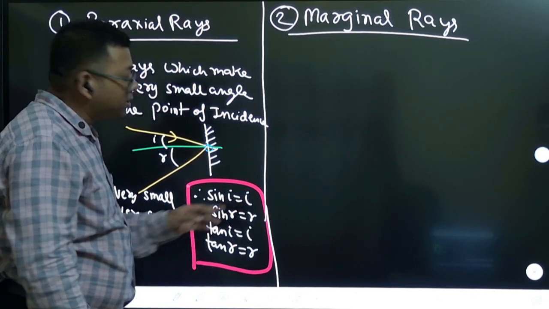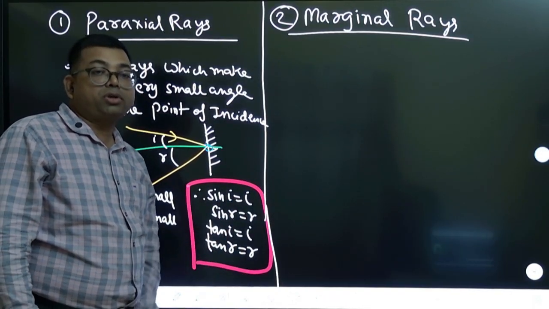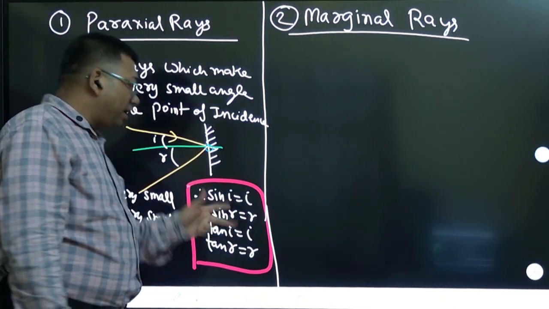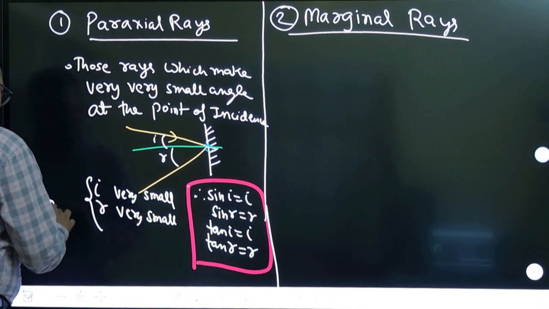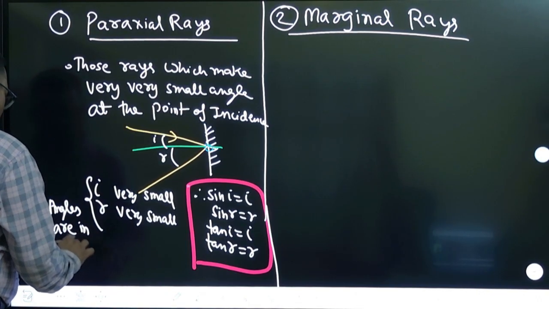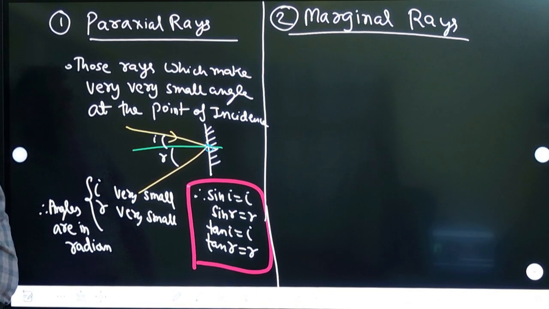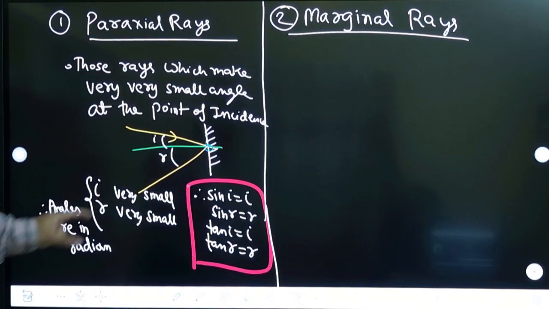Remember, the angles must be in radian, then only we do the approximation sin theta as theta. Angles are in radian, not in degrees. So such rays are called paraxial rays.